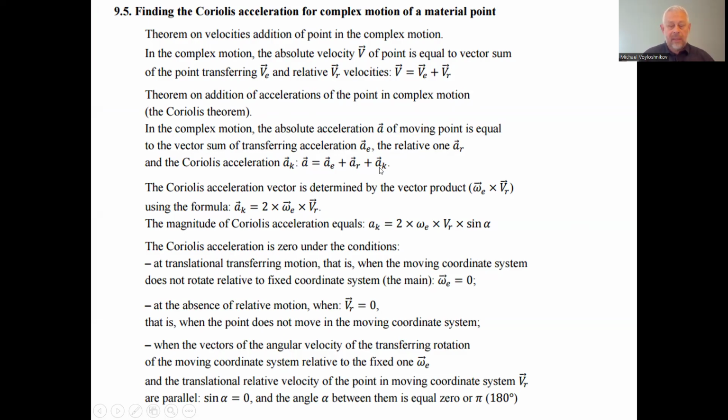Coriolis acceleration is the third term. So we have three terms for the acceleration in the complex motion of the point.